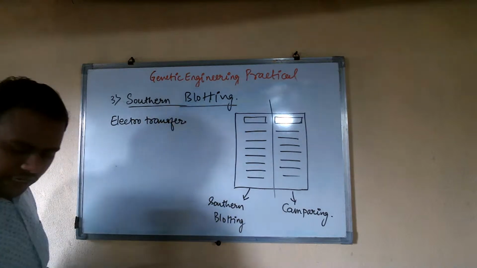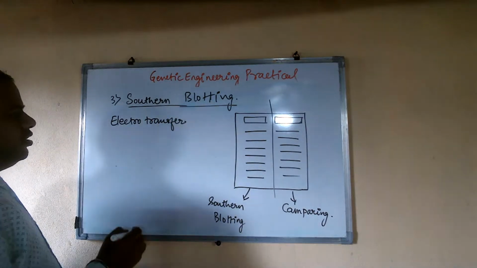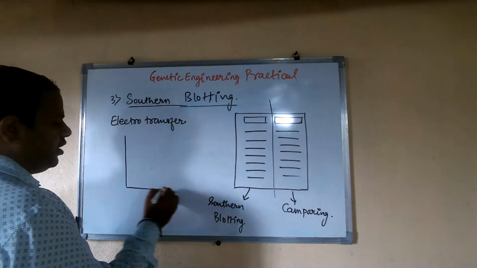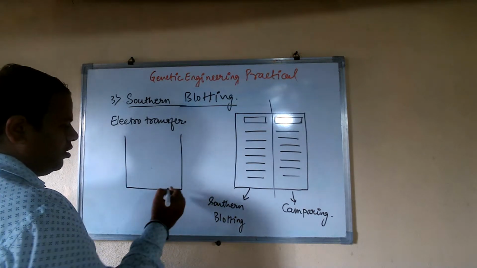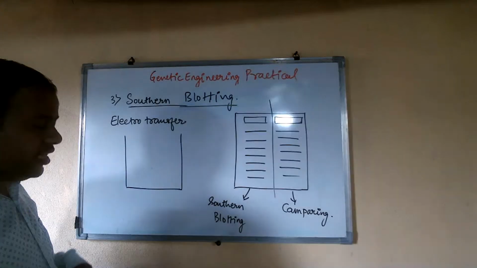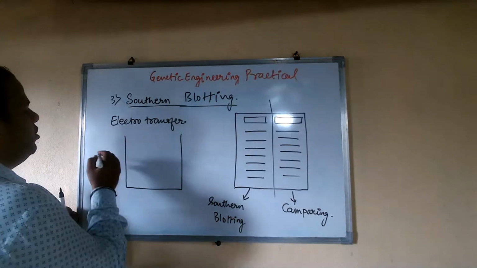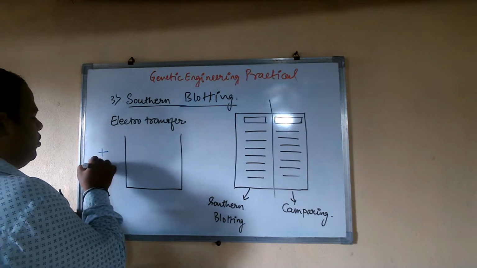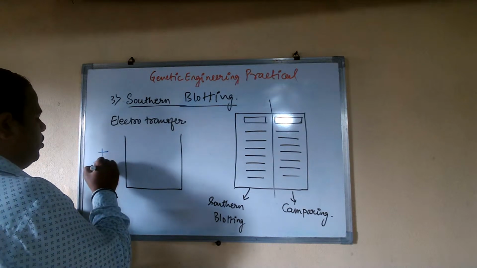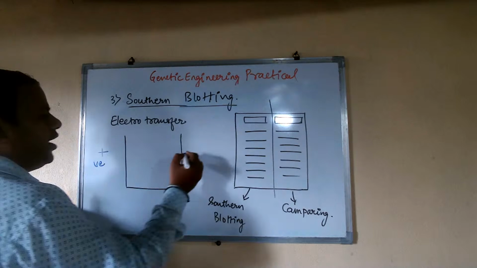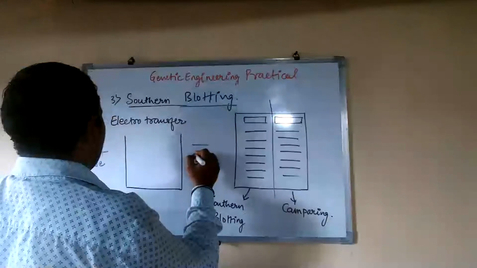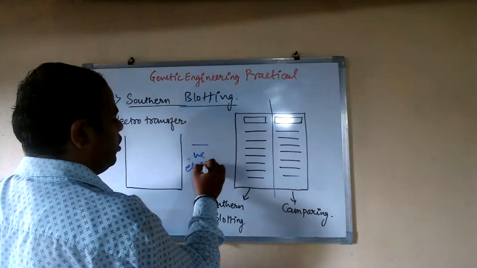So what is done in this electro transfer? There is an electro transferring assembly like this. The electro transfer assembly has a positive electrode, and here on this side there will be a negative electrode.